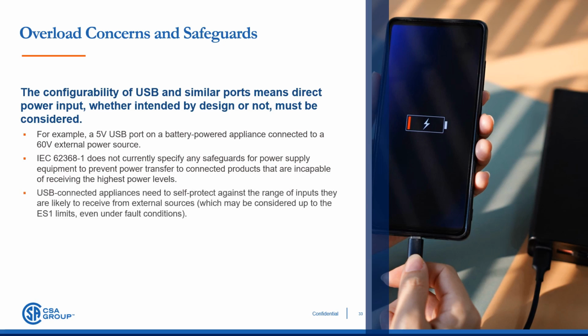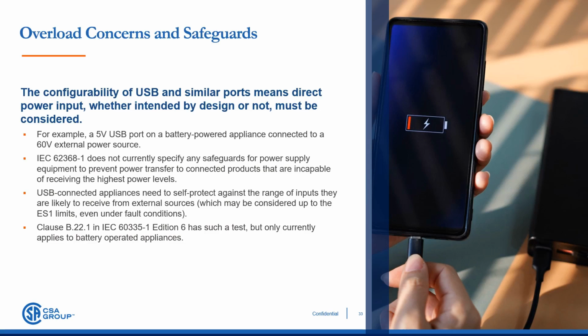Subclause B.22.1 in the 6th edition of IEC 60335-1 introduces a test assuming the range of external voltages can be at least any ES1 level, up to 30 volts AC and 60 volts DC, for elements of a battery charging system, but this does not currently apply to USB and similar ports being used for other purposes.